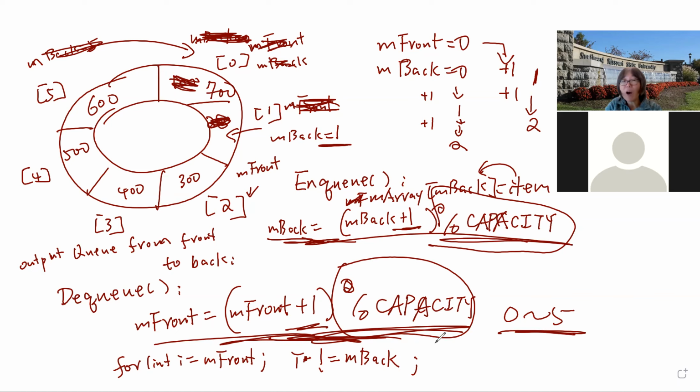But then the question, how are we going to increment? If we just do I++, that won't work, because once you reach 5 plus 1, then 6, 7, that won't work. So the increment part, we need to change it to I+1, then modulo capacity.